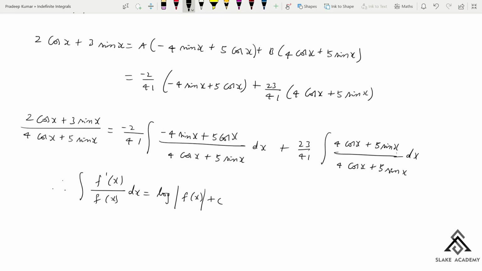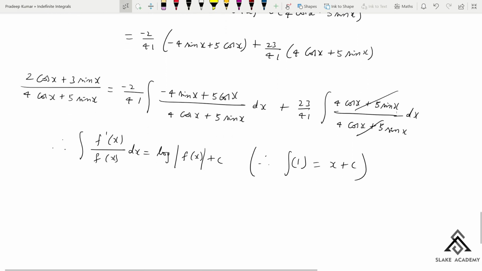When it comes to this one, the numerator and denominator are the same, so we can just cancel, and only integration of 1 remains. Integration of 1 is nothing but x. Okay, so let's substitute both of these formulas here.